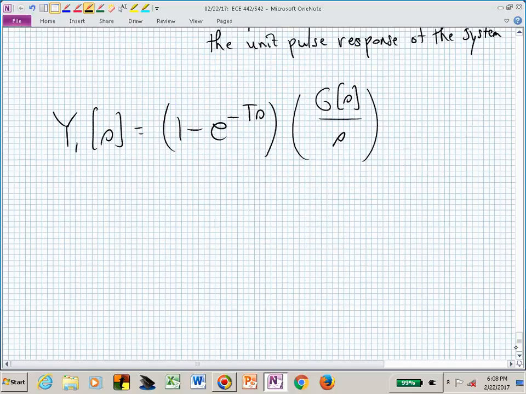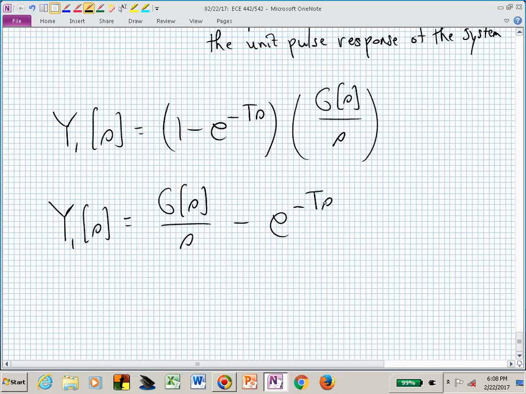Or, it may be cleaner sometimes to distribute that common G of s over s between the two terms. Or I could now call Y sub 1 of s this combination of G of s over s minus e to the minus Ts, that's just a delay, times G of s over s.